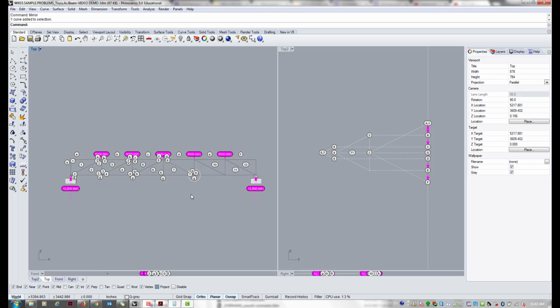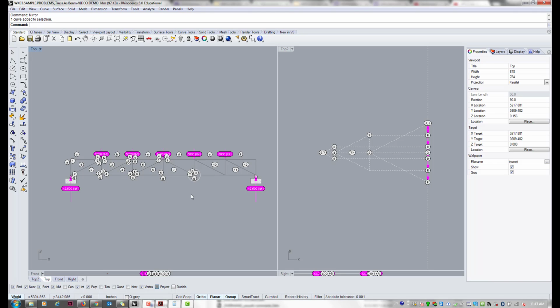The reason one is roller and one is pin is that if you imagine a movement between these two supports, with pin and pin the structure is going to do that.